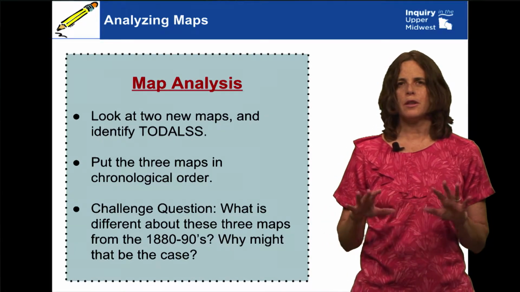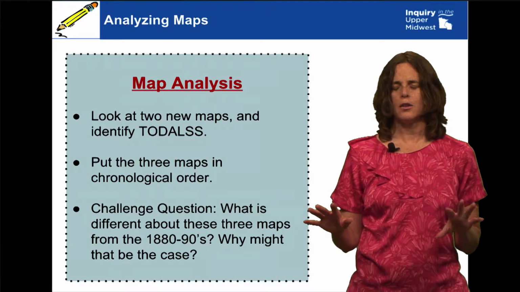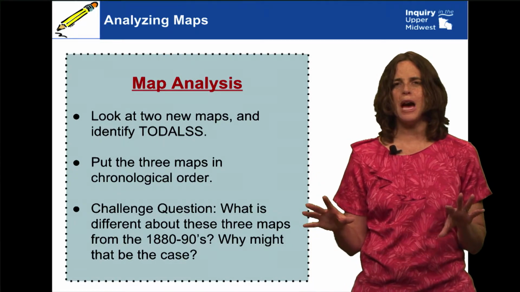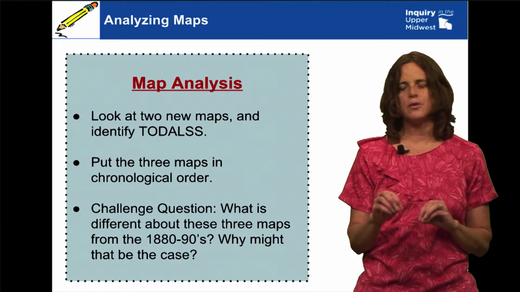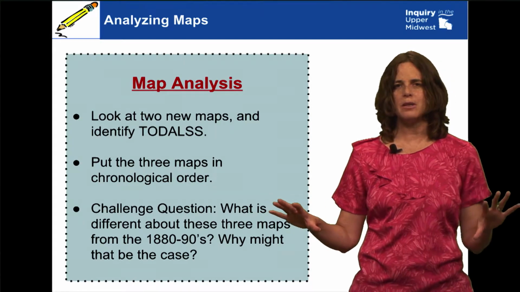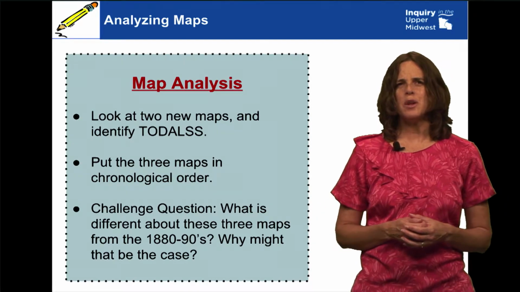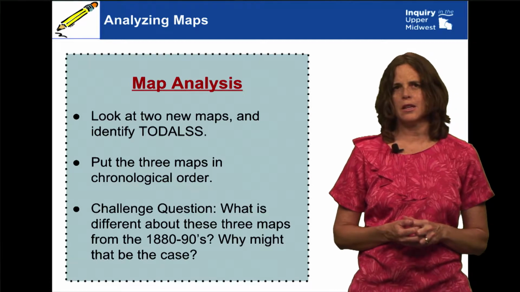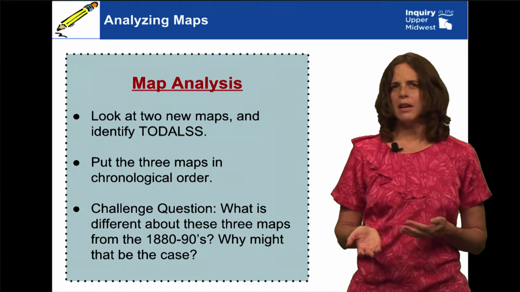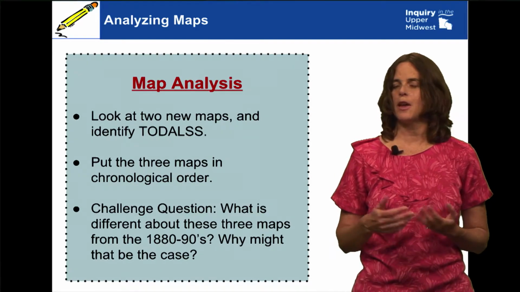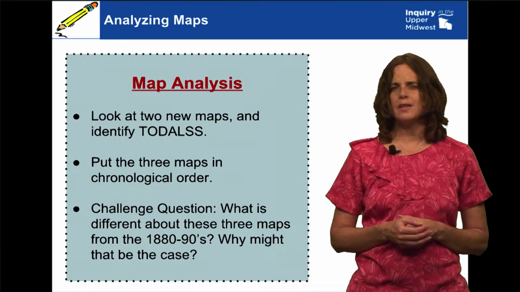Then you could put the 3 maps in chronological order. So you take the 2 new maps, this map of the US foreign-born population, and lay them out side by side. And then you could really get to those higher order thinking skills and look at comparing and contrasting, look at the differences, and then why are these maps from the same time period different.